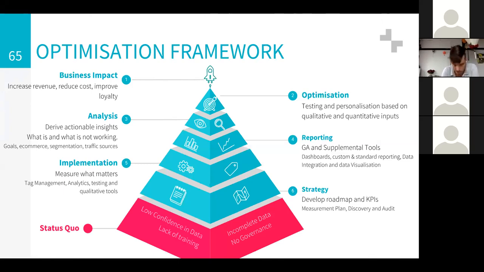So define your measurement plan, define the objectives and strategies that you want to implement. Push your tech team to implement all the tags that you need to get proper insights on what people are doing on your website, and make sure that you track the conversions that you need. Then make sure that you have the reporting framework: create dashboards in Data Studio, create the right custom segments, the right views, the right custom reports, your alerts, and make sure that everyone in the team is aware of what's happening on the website, and analyze that.